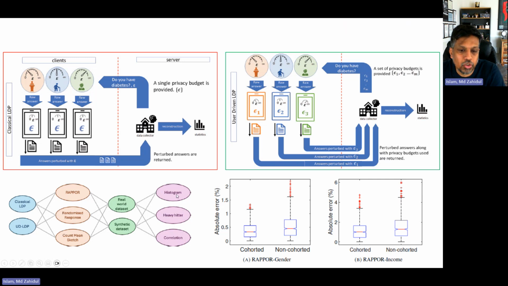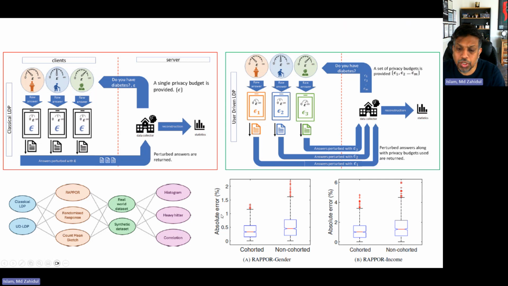And then we checked histogram reconstruction, how accurate histogram reconstructions are for our technique, UDLDP, as opposed to classical LDP. And then heavy hitter estimation, which is the most common one if the categories are more than two, correlation analysis, etc. And we can see that cohorted means our approach, UDLDP, because we are using cohorts.